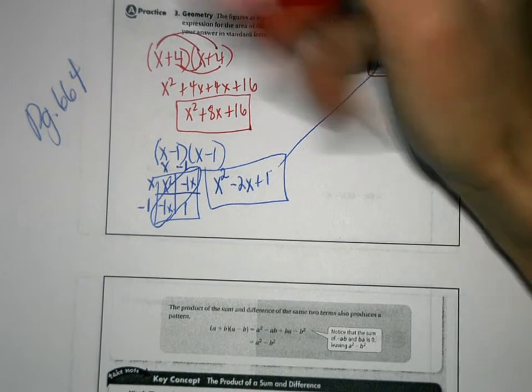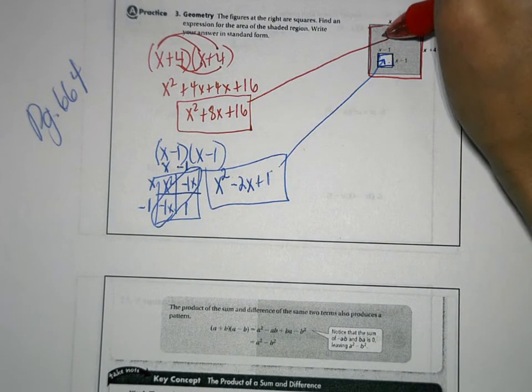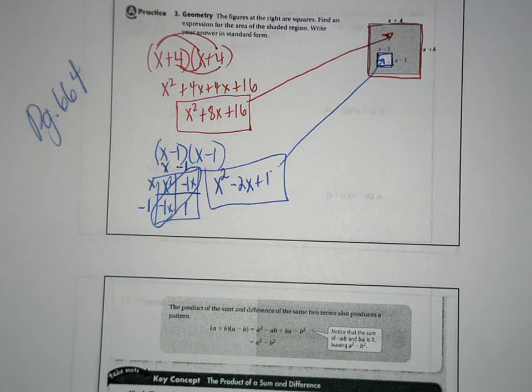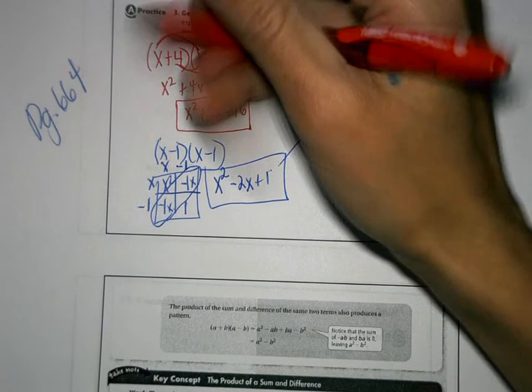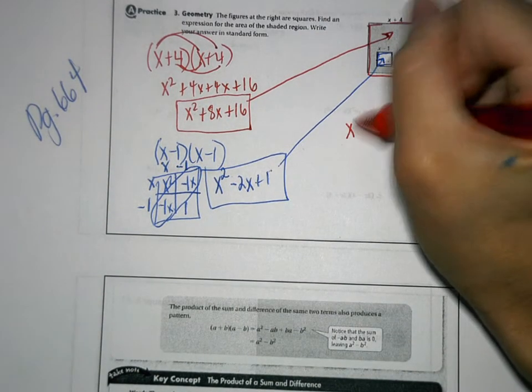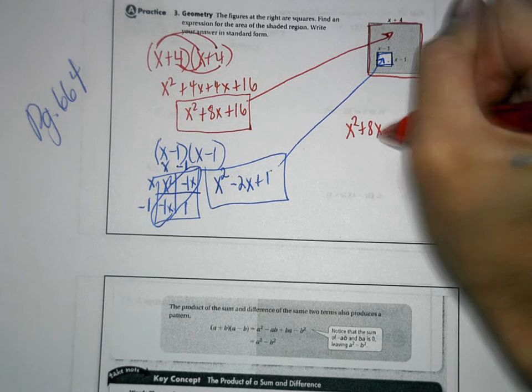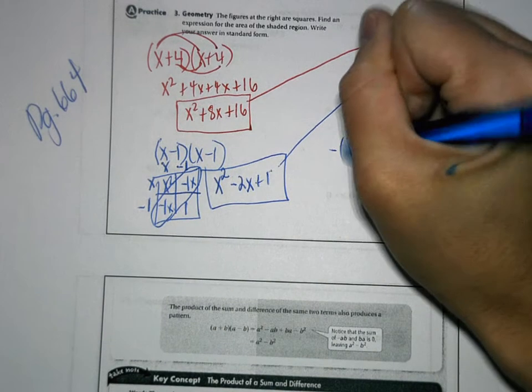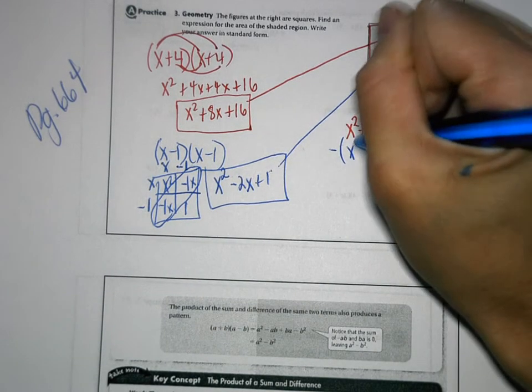And I know that the area of the big box is that. What will I do in order to just get the area of the shaded region? Subtract. Do you guys remember? So I'm going to take my big box, which is x squared plus 8x minus 16, and then we're going to subtract the little box. And this is what we did back in lesson 11.1.